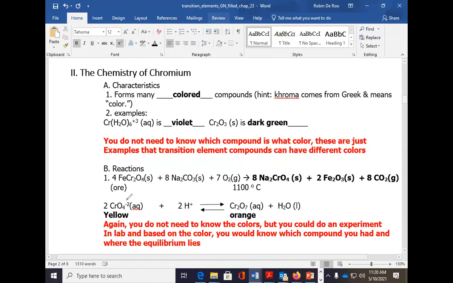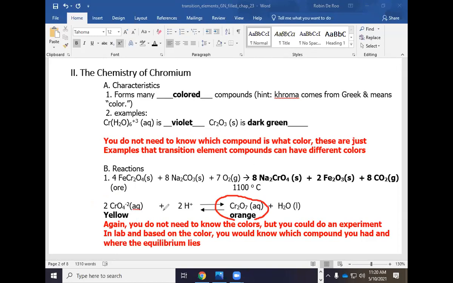Okay, so you could identify, if you saw this color, you could say, oh, I have this compound. But if you saw it was a different color, it's orange instead, you would say, oh, I have this one.